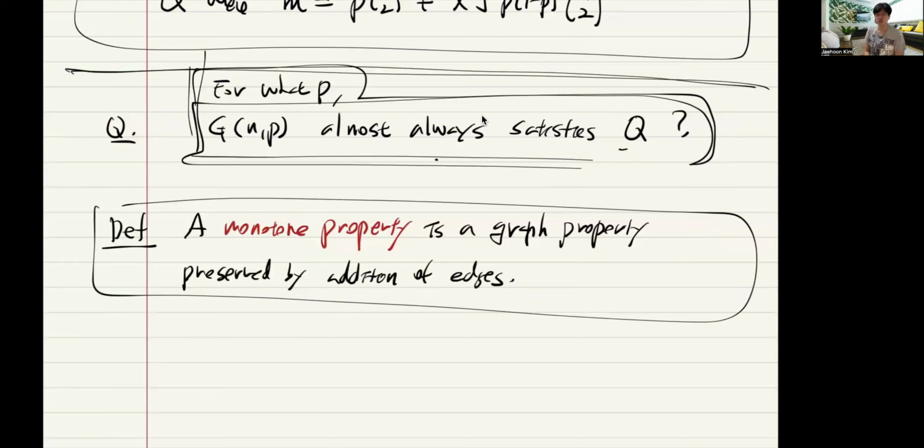So, for example, the property of being connected: if you have a connected graph and you add an edge, it's still connected. For the property of having a triangle, you have a graph with a triangle, you add an edge, it still has a triangle. For the property of having a Hamilton cycle, you add an edge, it still has a Hamilton cycle. So you can consider many such properties.